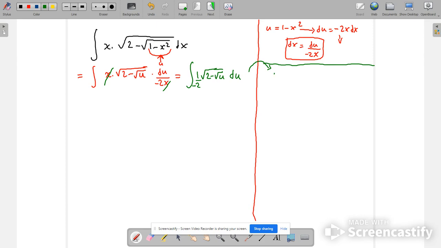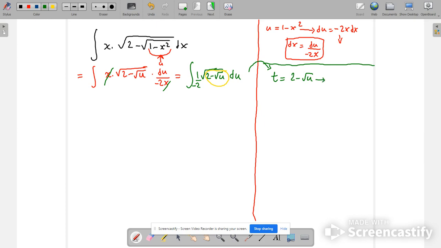Let's introduce a new variable t. Let's take t as all the terms inside the first square root, so t equals 2 minus square root of u.